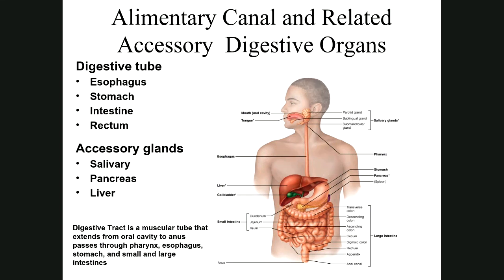It's a continuous muscular tube that runs from the mouth to the anus, like a canal. You go from the mouth, the top, to the bottom. And we also call it the GI tract or gut.